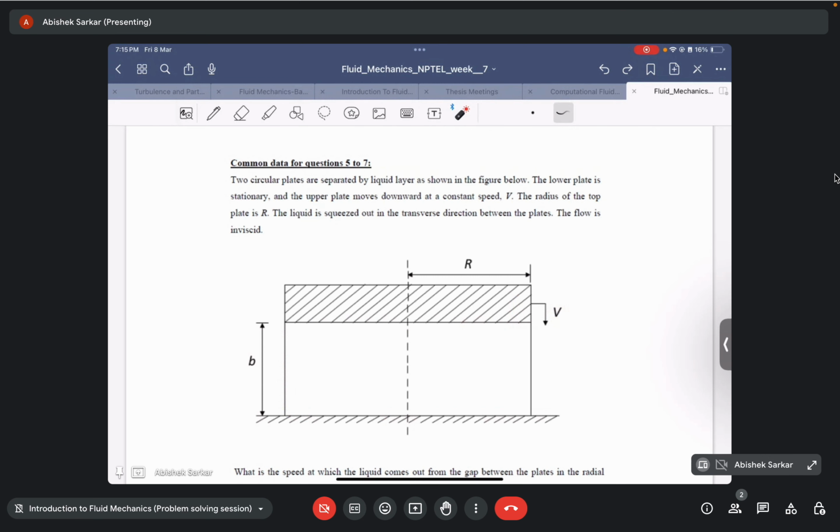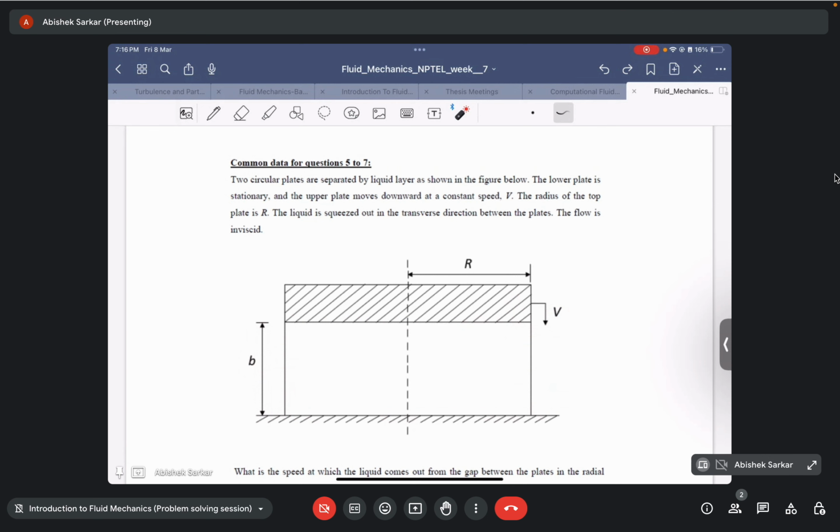Essentially, the motion of the upper plate would induce a flow in the outwards direction. Basically it will squeeze the fluid out of this region and reduce this height b as it moves down. I hope you understand the scenario of the problem that we are discussing.